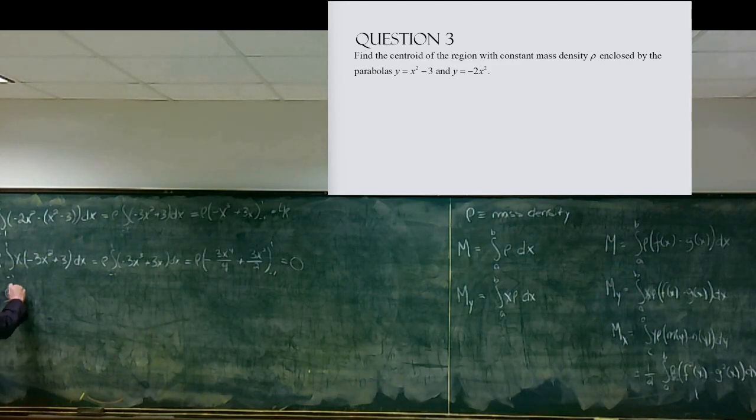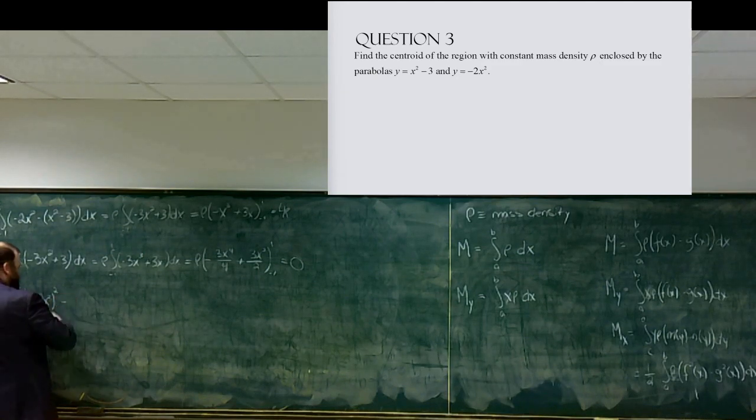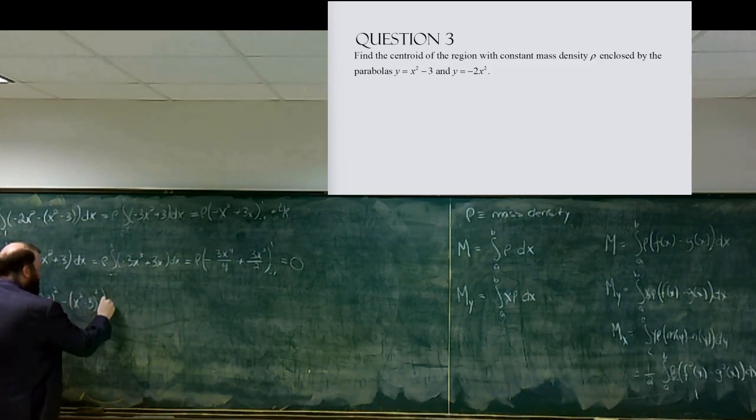Rho over 2, integral from minus 1 to 1. Negative 2x squared quantity squared minus x squared minus 3 quantity squared.